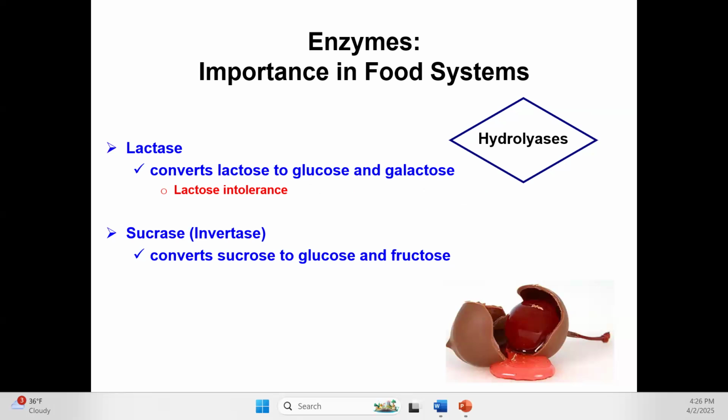And then sucrase is also known as invertase because it inverts sucrose into glucose and fructose. Are you familiar with this candy? What happens? Yeah, I dislike them too.